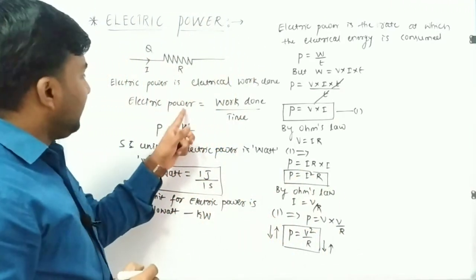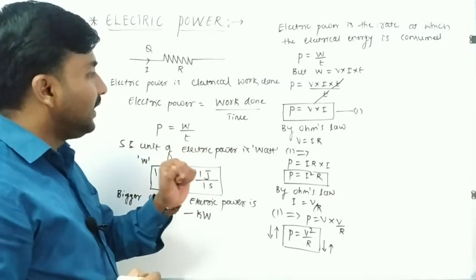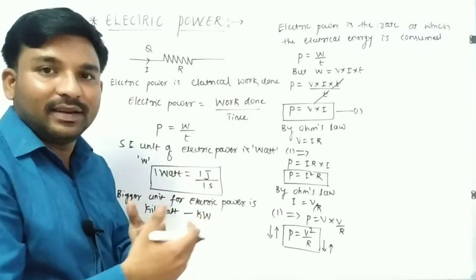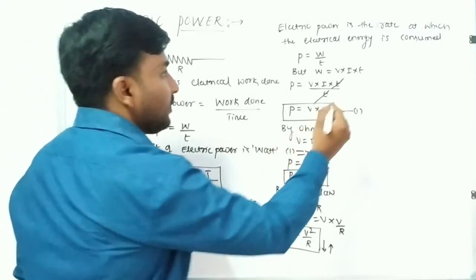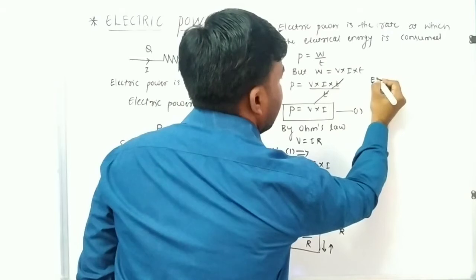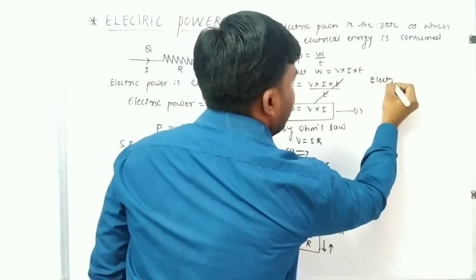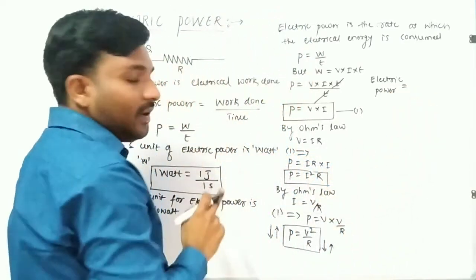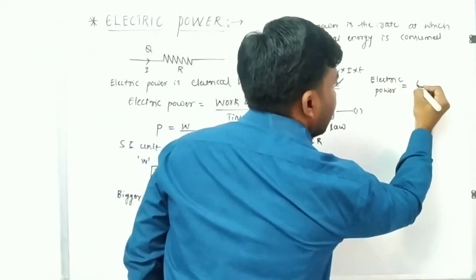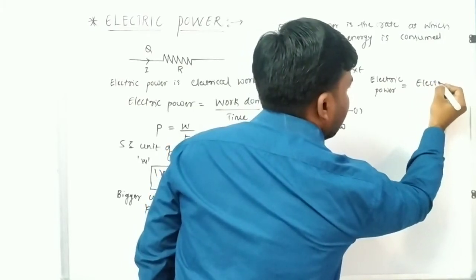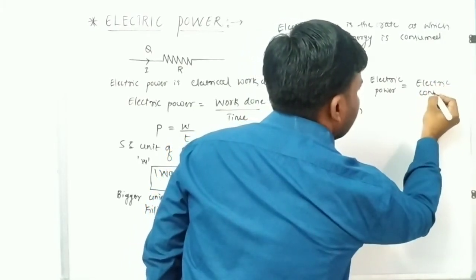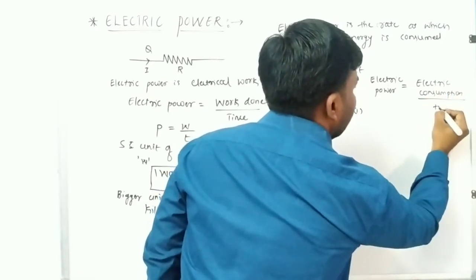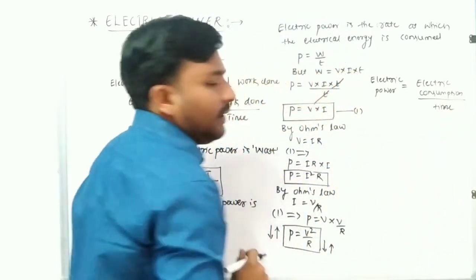Right. Now as I have written, electric power is equal to work done divided by time. Now this work done is nothing but the electrical consumption, right? So here this electric power is equal to, in place of work done I can write electrical consumption, that is how much electrical energy is used, divided by time.